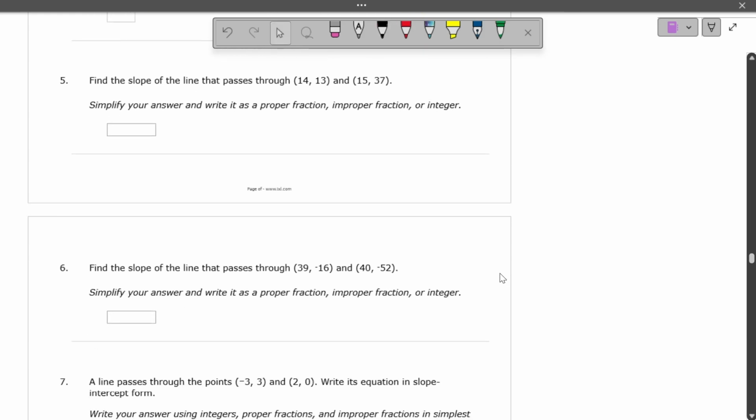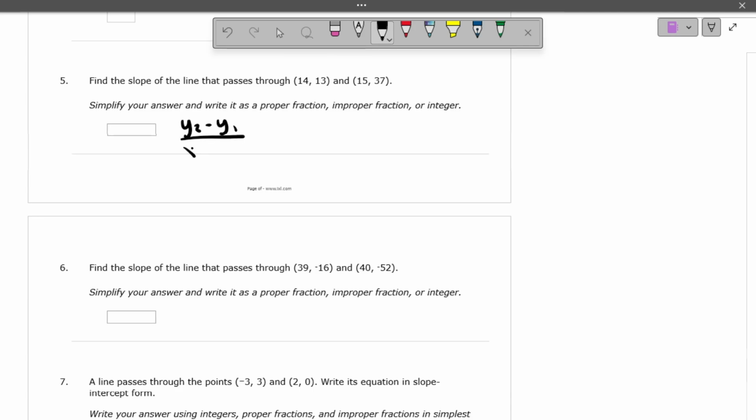All right, for 5, find the slope of a line that passes through these 2 points. So instead of getting a table, we're just given points, but we still do the same type of thing where we're going to do our y2 minus y1 over x2 minus x1 formula. So I always like to label, this will be our x1 and our y1, x2 and y2.